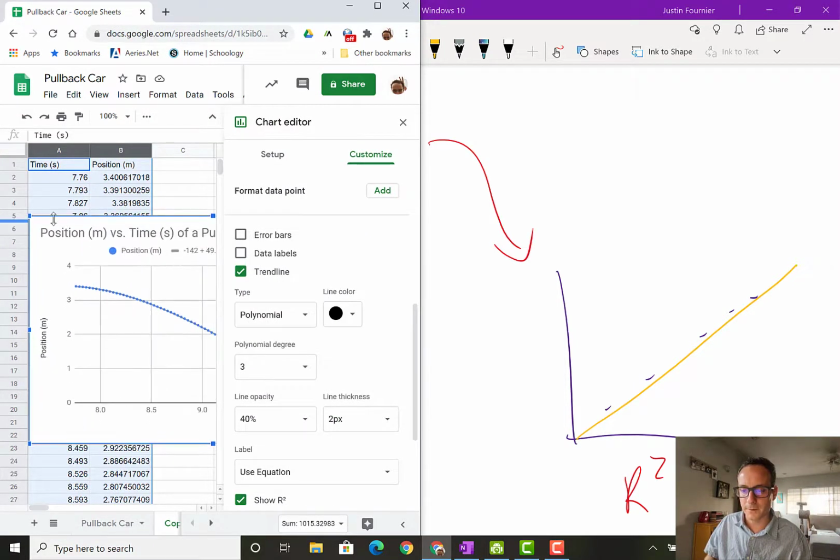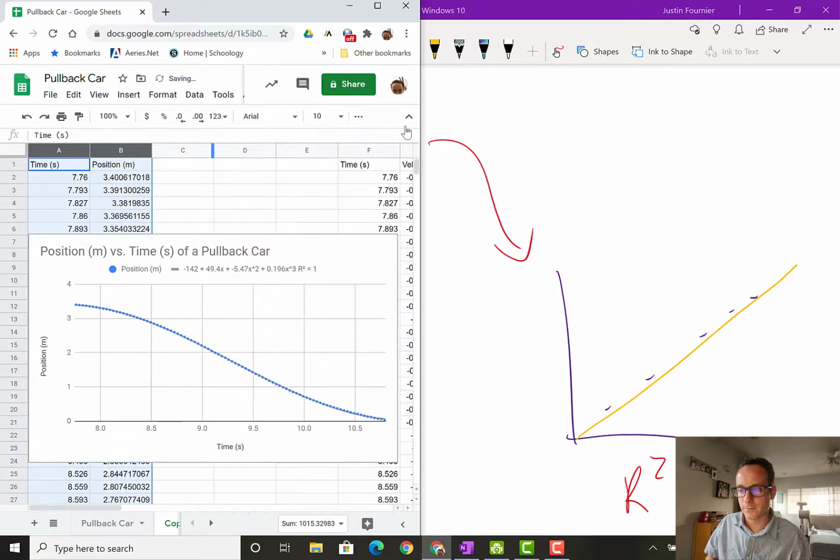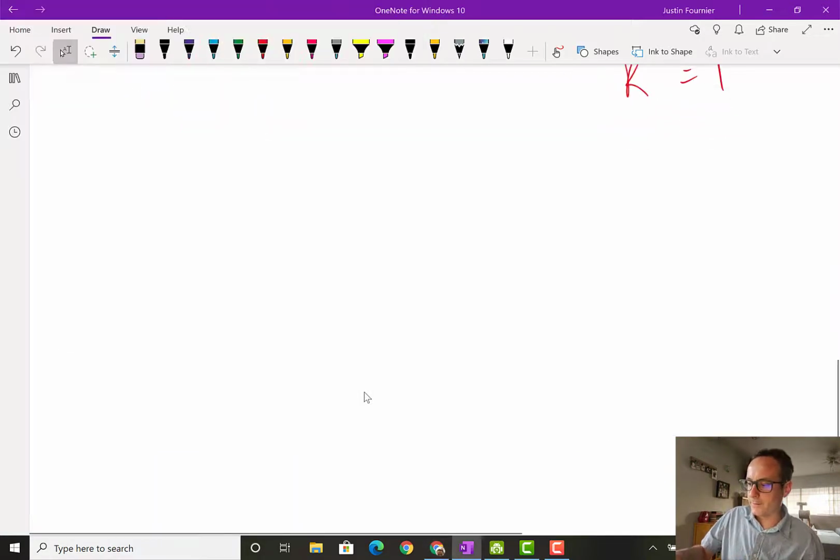So I'm going to write down this equation.